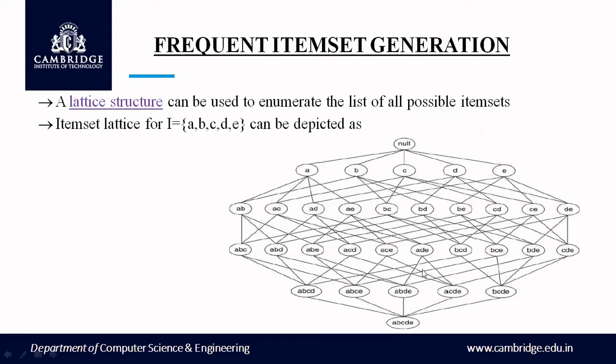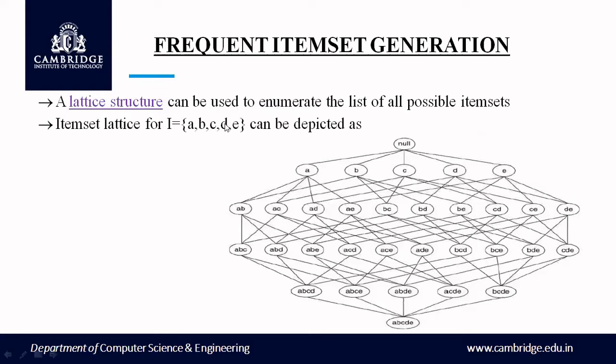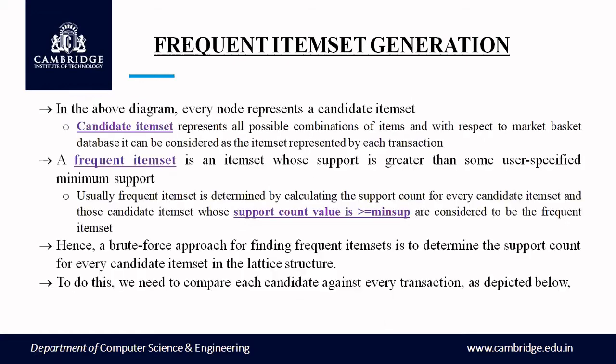In this lattice structure, every node represents a candidate item set. A candidate item set represents all possible combinations of items with respect to the market database we have considered. If we consider the set A, B, C, D, E, each candidate item set represents a subset of the combinations of these items.